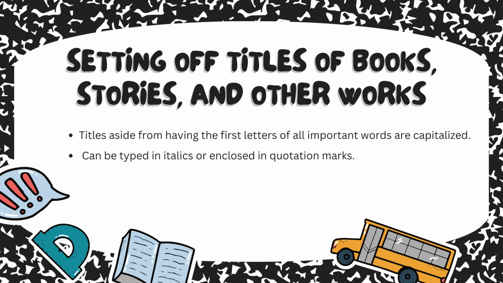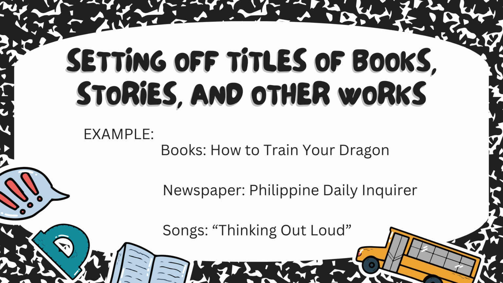Second, they can be typed in italics or enclosed in quotation marks. These are some examples. For books, we have How to Train Your Dragon; newspaper, Philippine Daily Inquirer; and songs, "Thinking Out Loud." As you can see, the titles are all capitalized and enclosed in quotation marks.